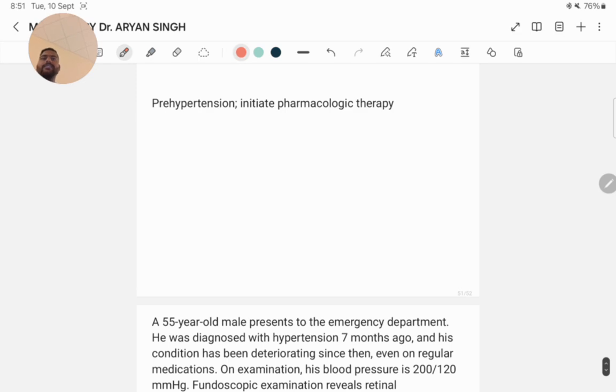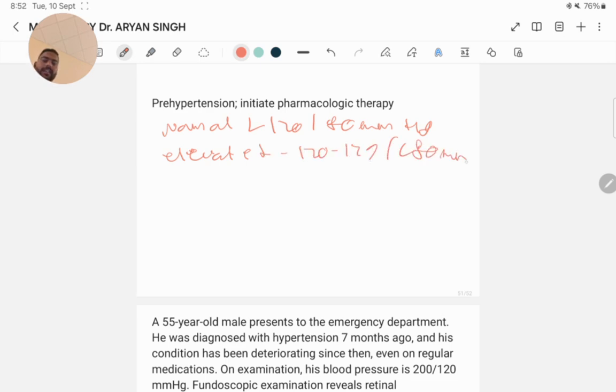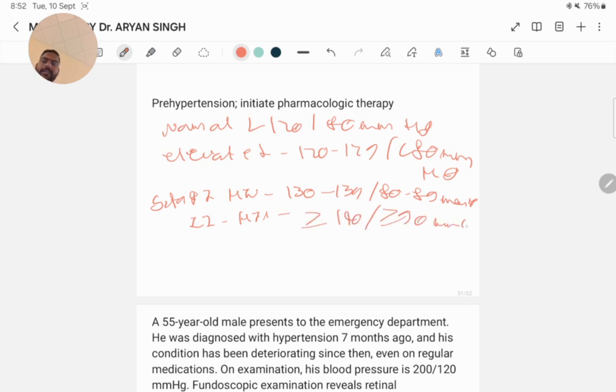The AHA guideline classifies hypertension as follows: normal, less than 120 by 80 mmHg; elevated, 120 to 129 and less than 80 mmHg; stage 1, 130 to 139 or 80 to 89 mmHg; stage 2, more than or equal to 140 or 90 mmHg.